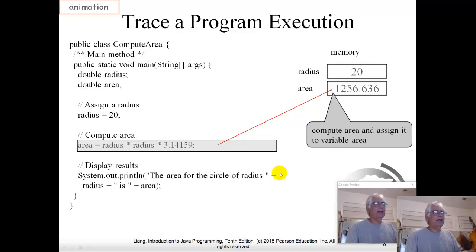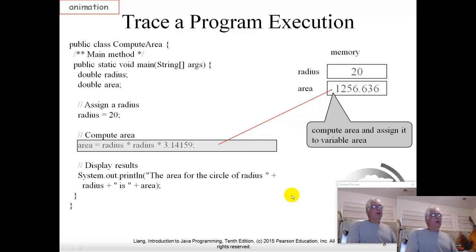Then appended, or this plus operator, it's not an addition operator, it's a concatenation operator. So it'll concatenate, if you will, the value of radius. What was that? It was 20. And here it'll concatenate the value of area, which was 1,256.636. Here in between radius and area is another one of these string literals.